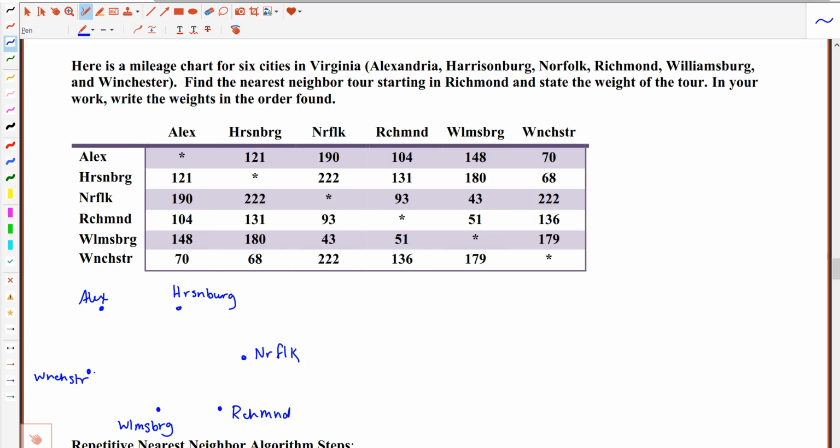Now there is going to be a way to get from any one of these cities to any of the other cities, so I'm going to have to now draw in my edges.